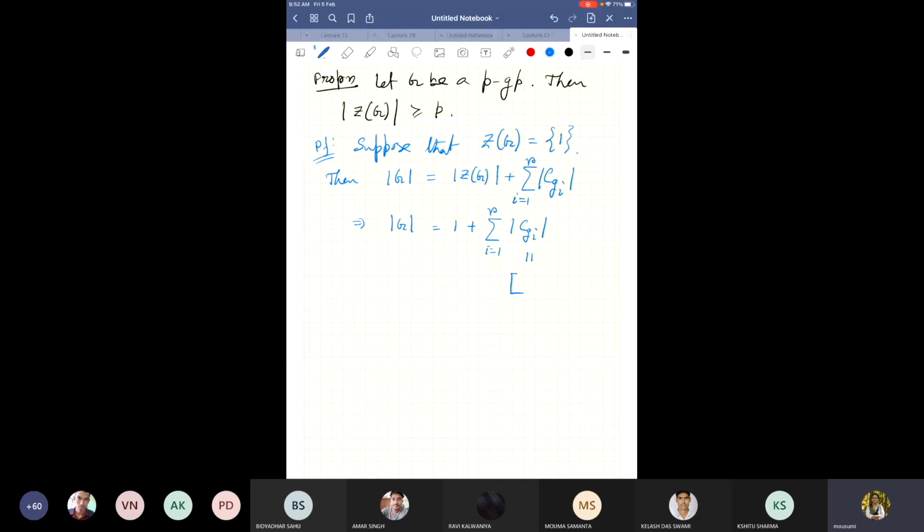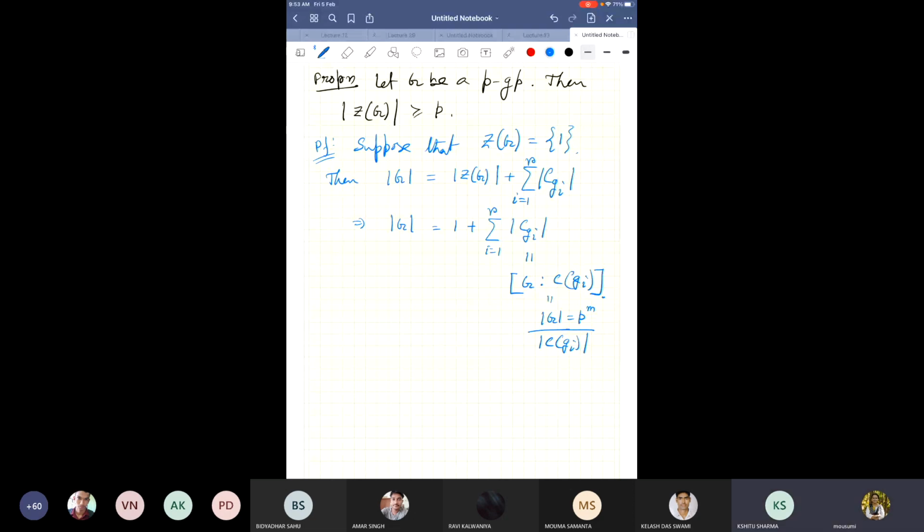So this is the order of G divided by the order of the centralizer. But the order of G is p to the power, say, m. So this will be p to the power something. That means it is divisible by p.